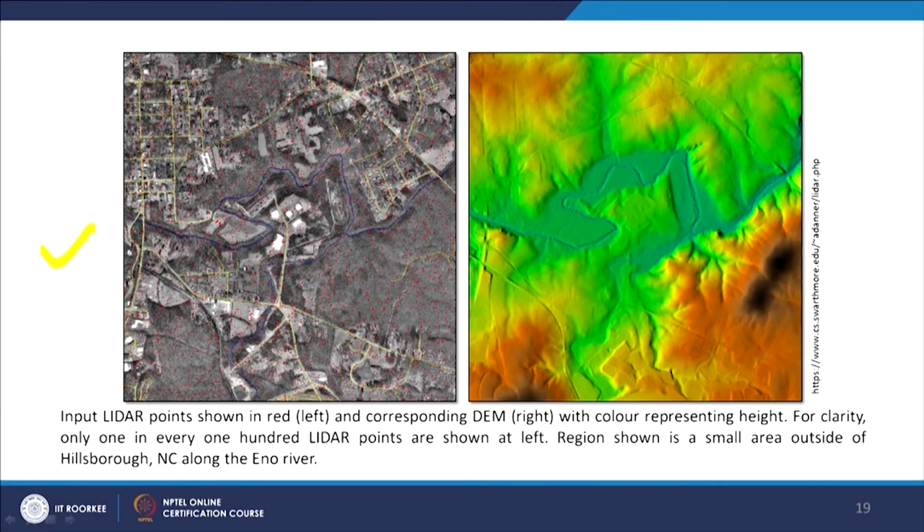These are nothing but the points which have been collected, the hundreds of LiDAR points, or what we call point clouds. So, when the density of input points is very high, you can generate a very high resolution, very accurate digital elevation model, and this is what is shown on the right image.